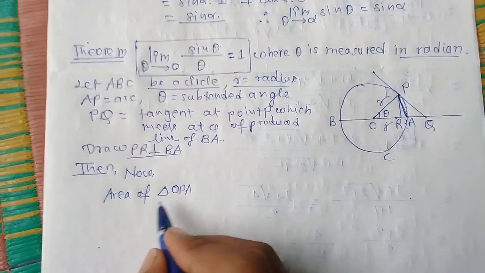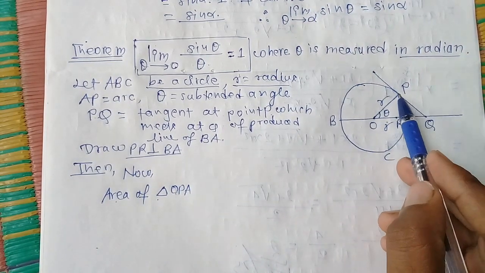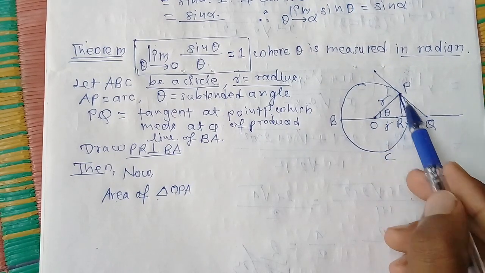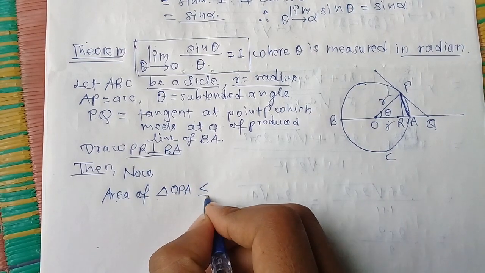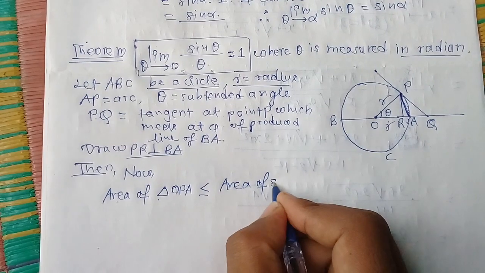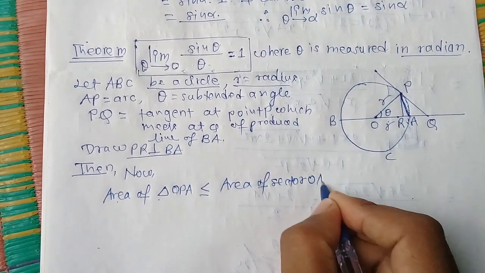So now area of triangle OPA should be less than or equal to area of sector OAP.